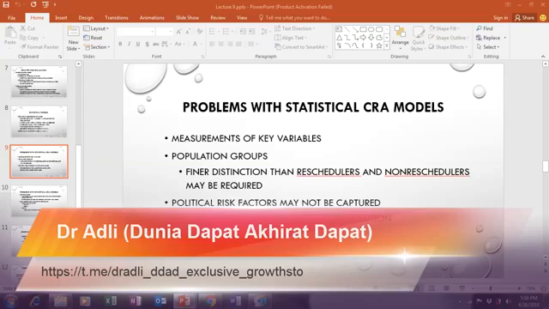You can see the countries ranked from the highest to the lowest. Denmark is the highest, Somalia is the lowest.